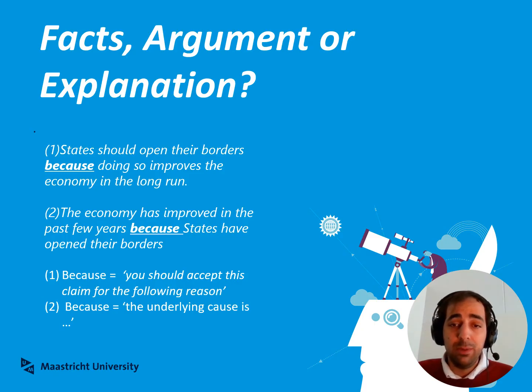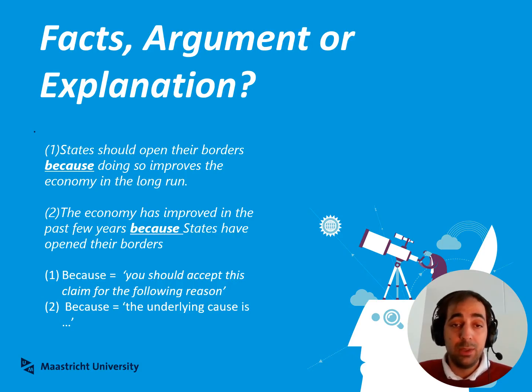This is a difficult task in most cases, especially if you're looking at really long technical paragraphs. But essentially, the distinction that you're looking for is whether you're being given a reason to accept a certain position or whether somebody's trying to explain to you what the underlying cause is of a certain phenomenon.